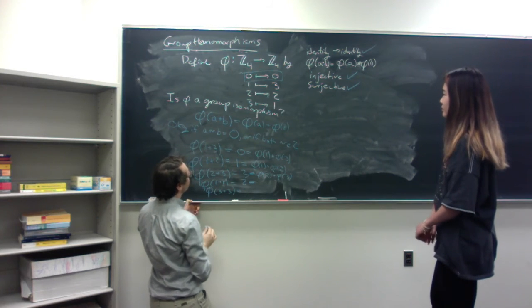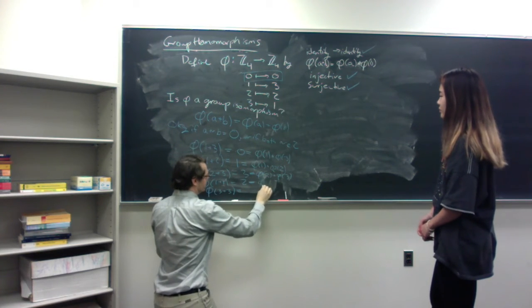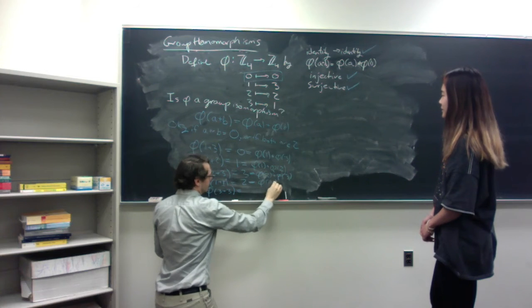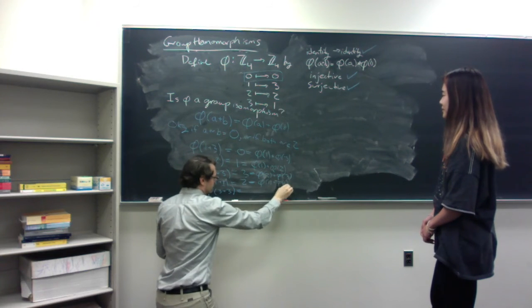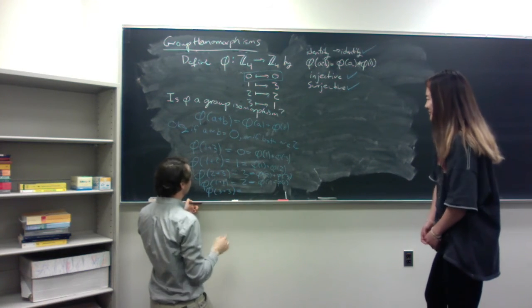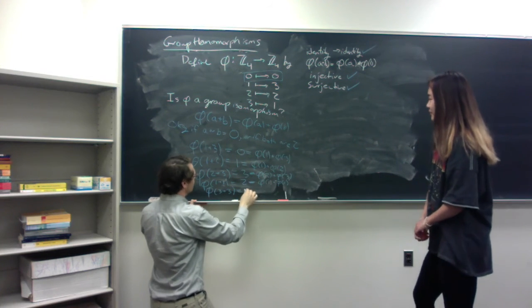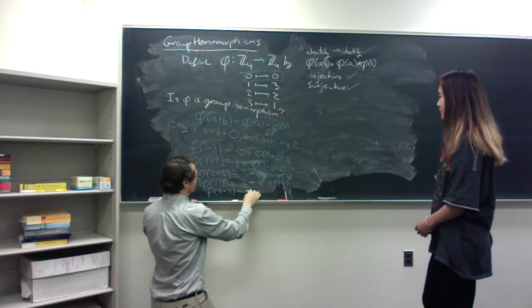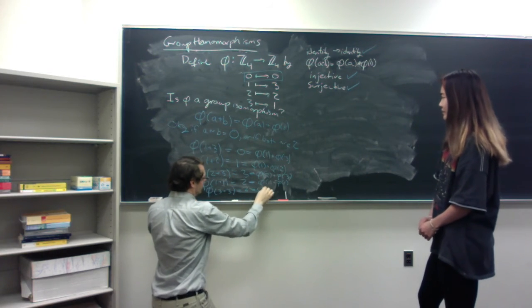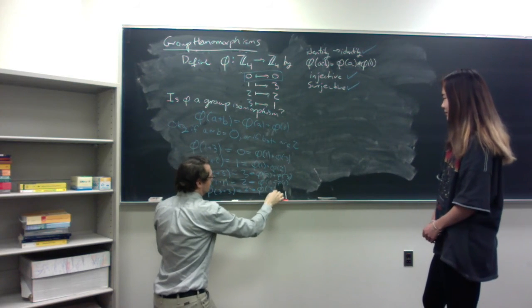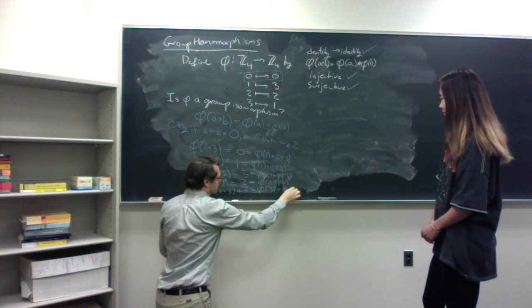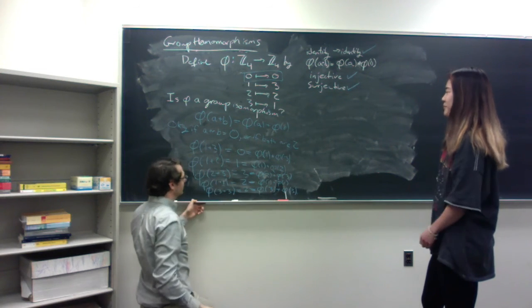And phi of 1 is 3, so I want to know, is that the same as 3 plus 3? Yeah. 3 plus 3 is 6, which is 2 mod 4. And finally, 3 plus 3 is 6, so this is 2. 2 goes to 2. And if I instead compute this, then I'm computing 1 plus 1. That is 2. That's definitely 2.